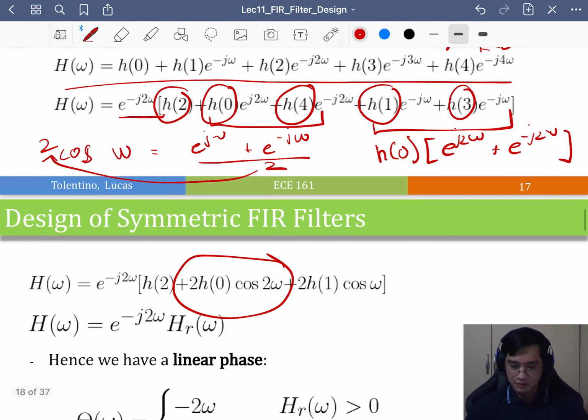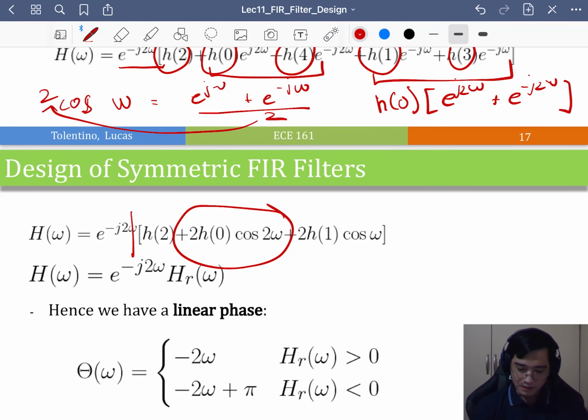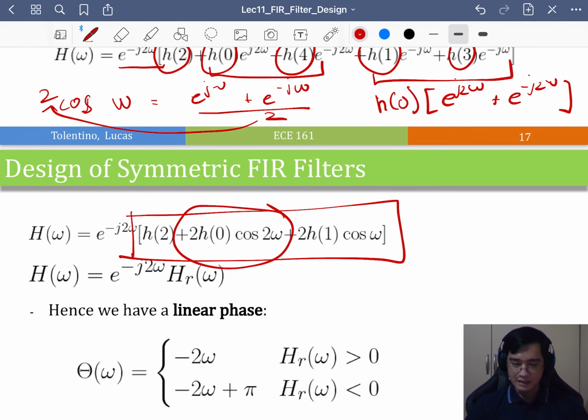Now, the good thing here is that this function is a real function. We do not have an imaginary part here, which is denoted by H sub r of omega. Now, what is this term here? This term is our phase response. Basically, the phase of a real function is 0.